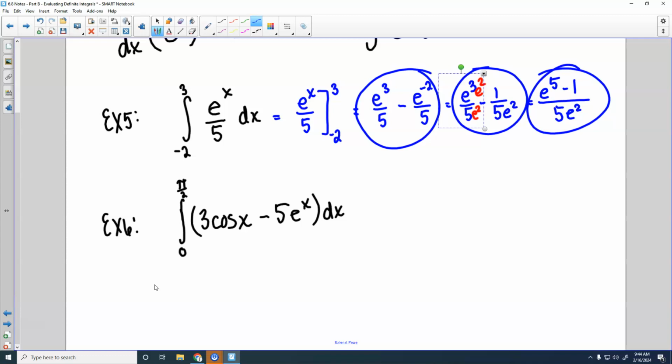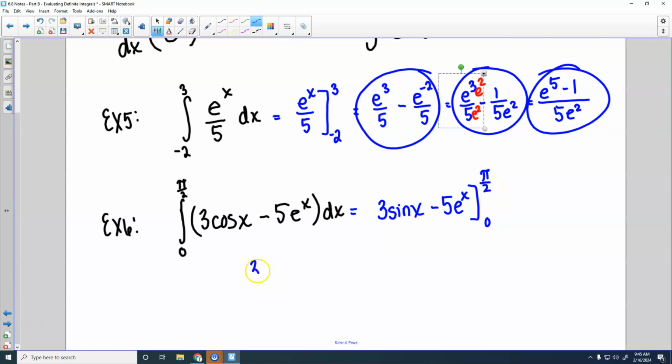Okay, if we've got one like number 6, when we integrate 3 cosine x, what is the integral of cosine x? Sine x. So we'll get 3 sine x. And then what's the integral of 5e to the x? 5e to the x. They are for sure the easiest there. And then we would need to evaluate that from 0 to pi over 2.